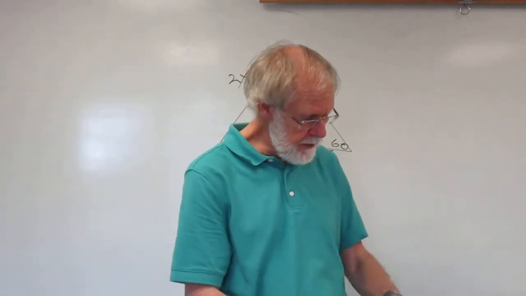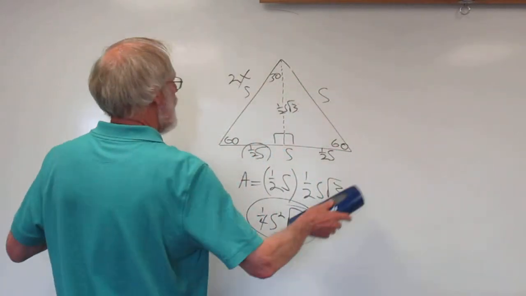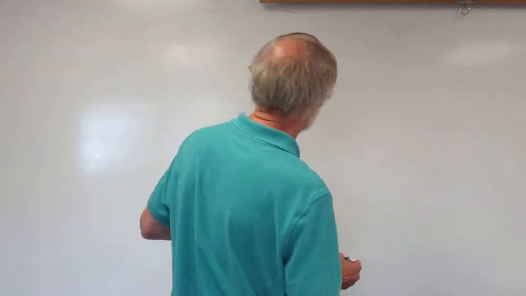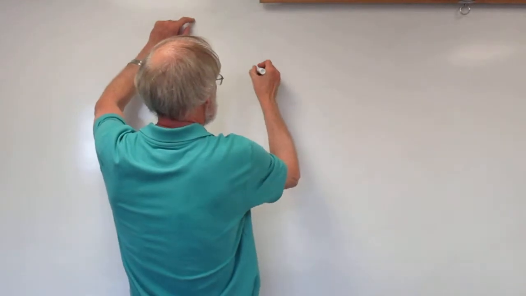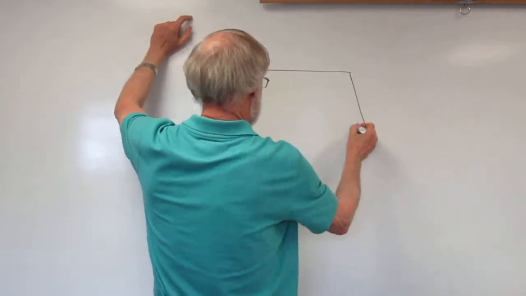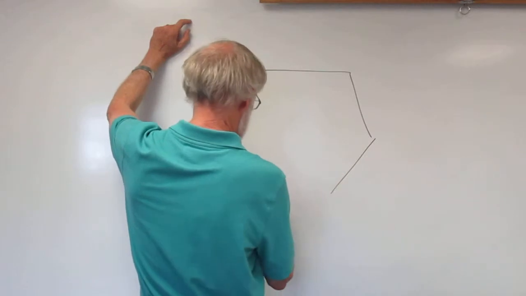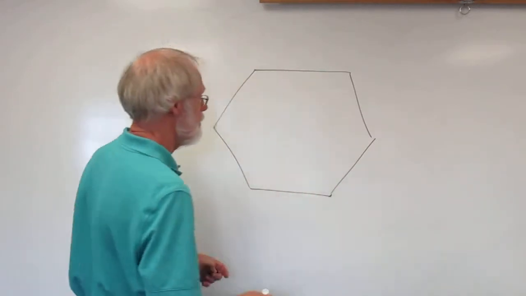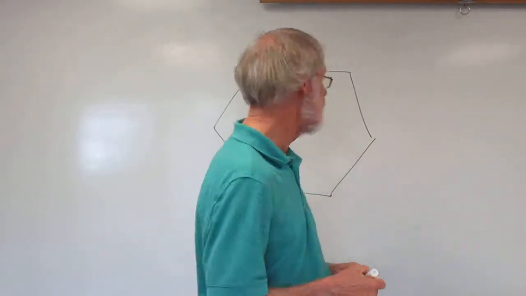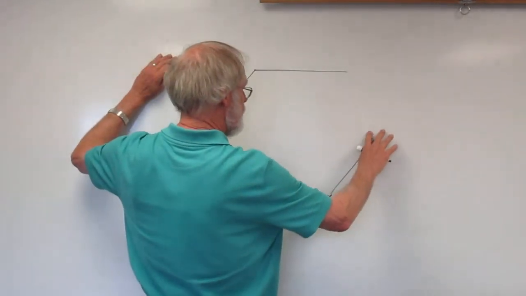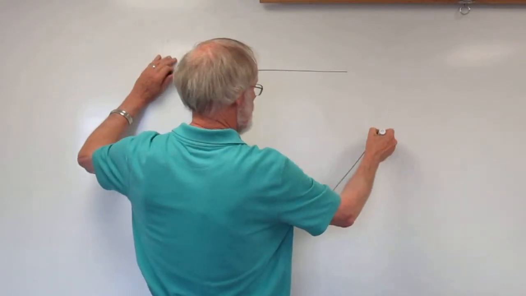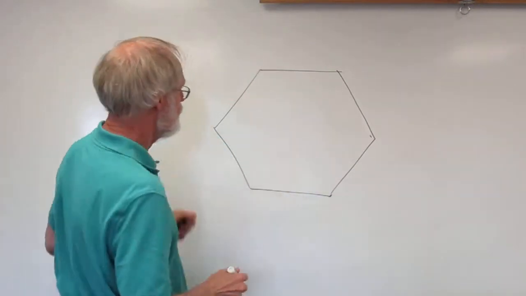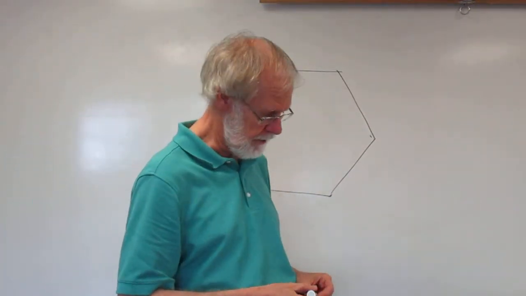Now, we're going to extend that to a multi-sided polygon. So I'm going to make here a 6-sided polygon. We're going to pretend that it's regular, even though I know my drawings don't look very regular. So pretend that's a regular hexagon.